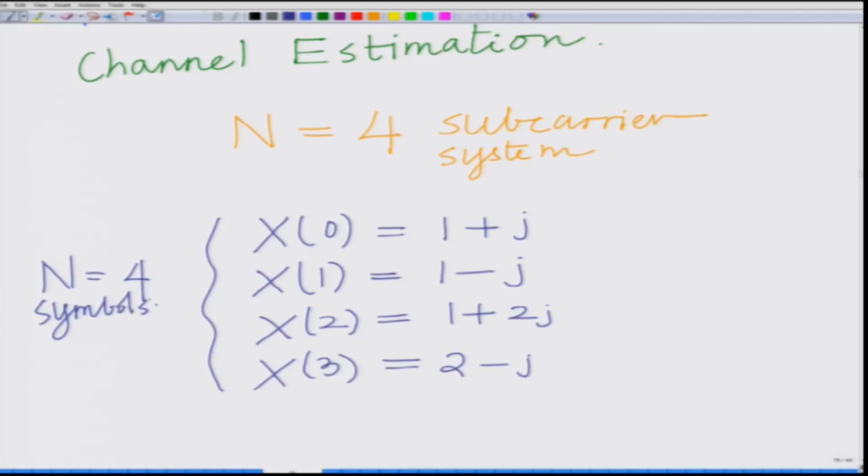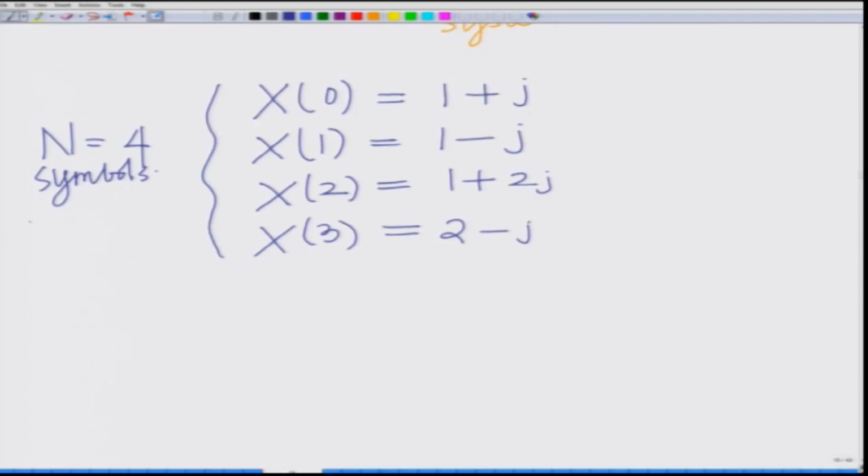and that is the nomenclature that we use, that is these N equal to 4 symbols are loaded onto the subcarriers. However, as we said in comb type pilot based channel estimation, not all the subcarriers are loaded with the pilot symbols, only a few of the subcarriers are loaded with pilot symbols.